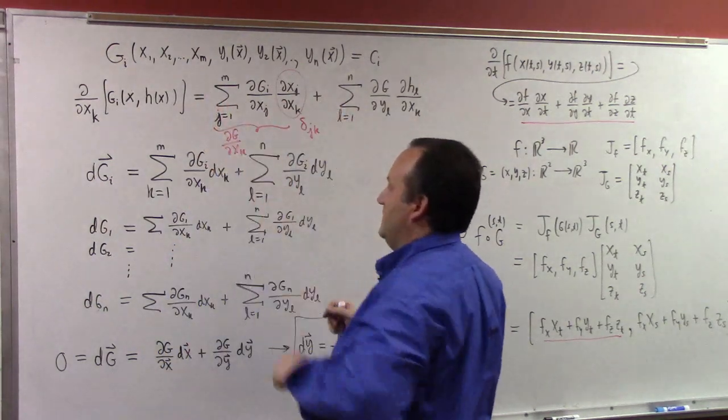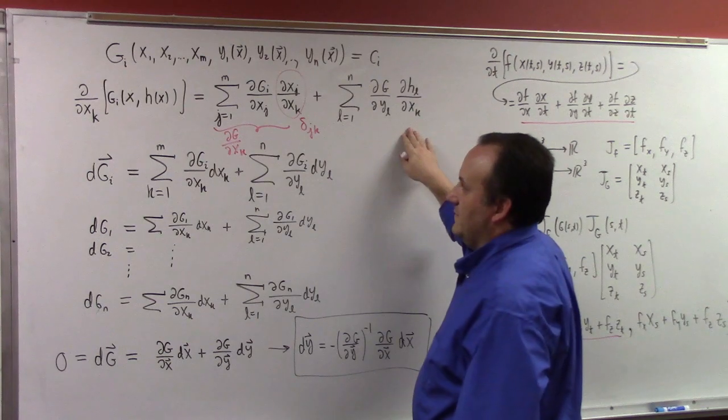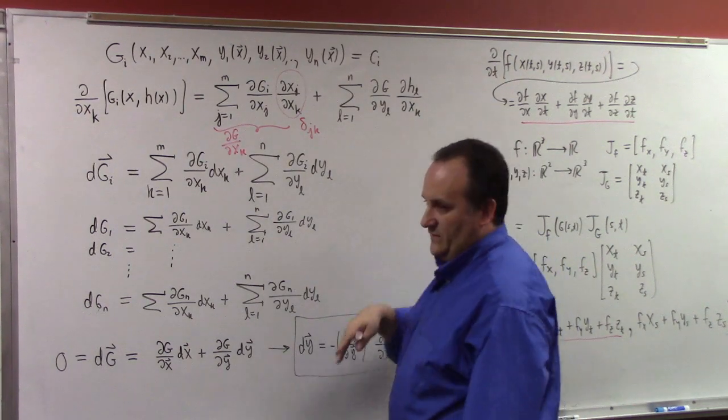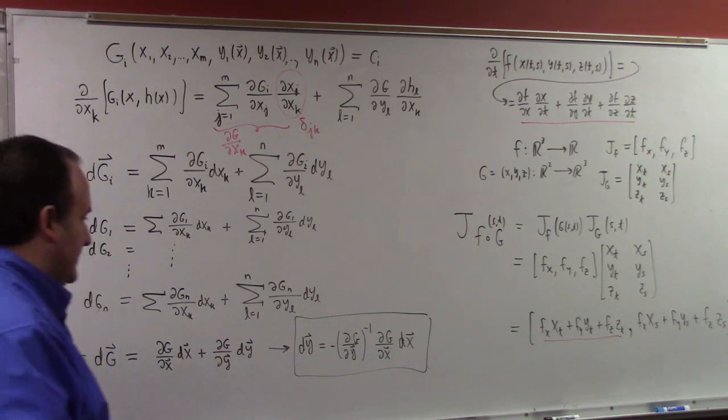This whole thing is just partial G partial xk. So that's the first simplification I make. And then what I do is I concatenate all those into one big matrix at the top of page 99, and then I rewrite it as the sum of two matrices, and then I point out that I can factor out the partial G partial Y matrix times the partial H partial X.